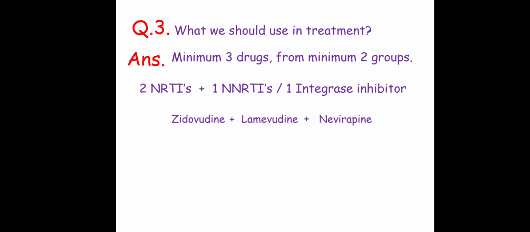This is the 3 drug therapy of HAART. Or else we can use one more regimen, that is tenofovir, which is also an NRTI, plus lamivudine plus efavirenz. Efavirenz is also a first generation NNRTI. So these are the 2 commonly used first line regimens for HIV.